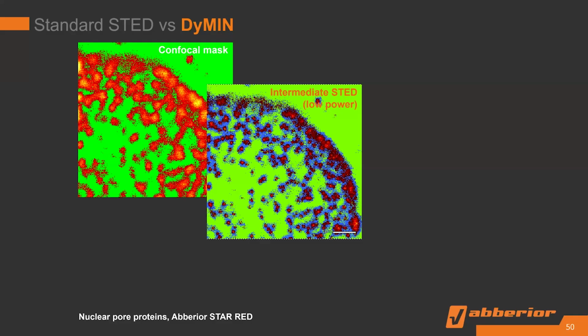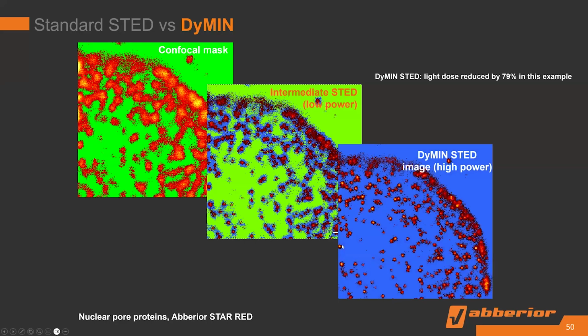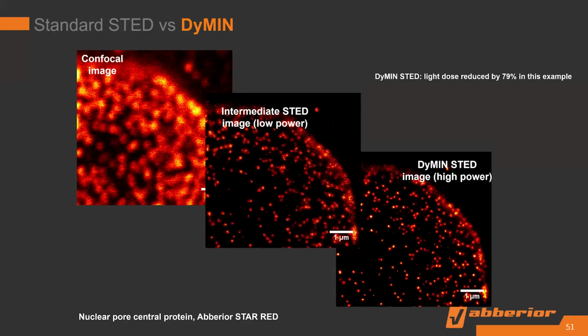So we use the intermediate STED, which means low power STED, to fine-tune the confocal mask. And then in the final imaging, we switch on the highest STED power only to those red pixels in the middle picture. In this way, you save 80% light dose to achieve the same resolution. So it is a very clever way.